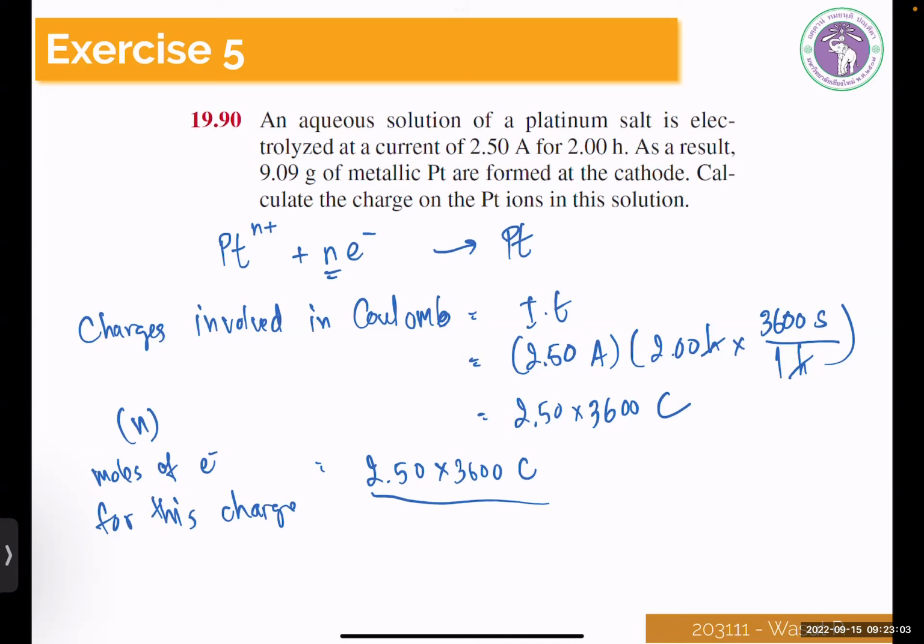So it is this number in Coulombs times 1 mole per 96,500 Coulombs. Okay, so that's the number of moles of electrons. That's not the answer yet. That's just the moles of electrons involved in this. We'll figure that out, and we work this number out to be what?